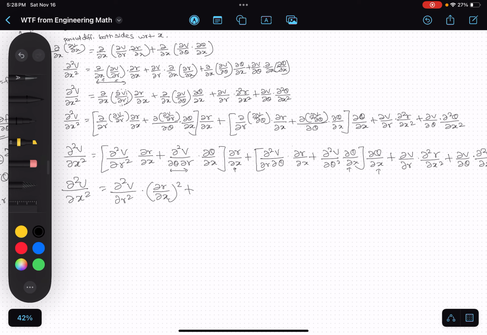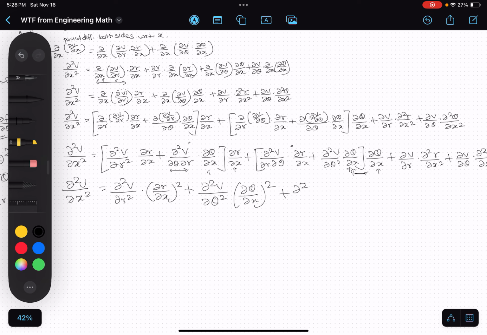And later on, I will do for this one and this one. You will see why I'm doing this. So if I multiply, this is partial square b by partial theta square times partial theta by partial x whole square, right?